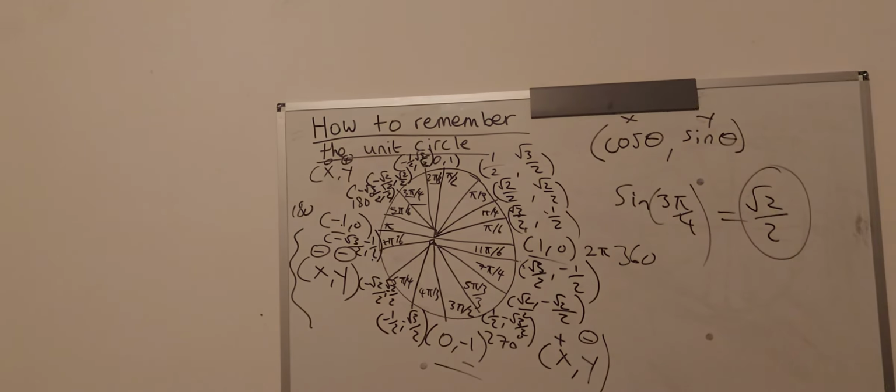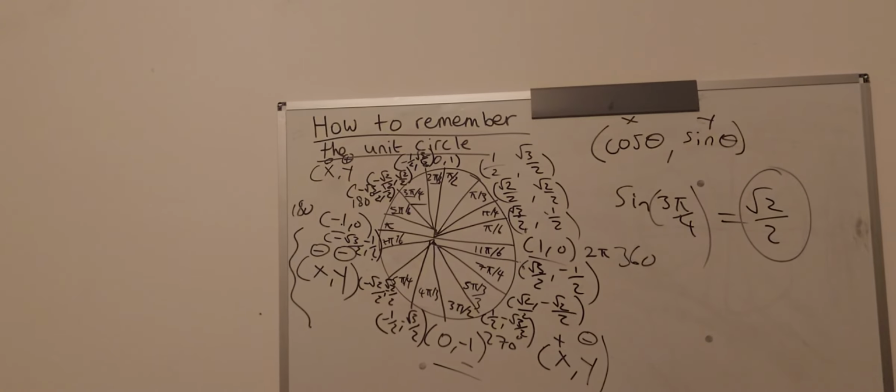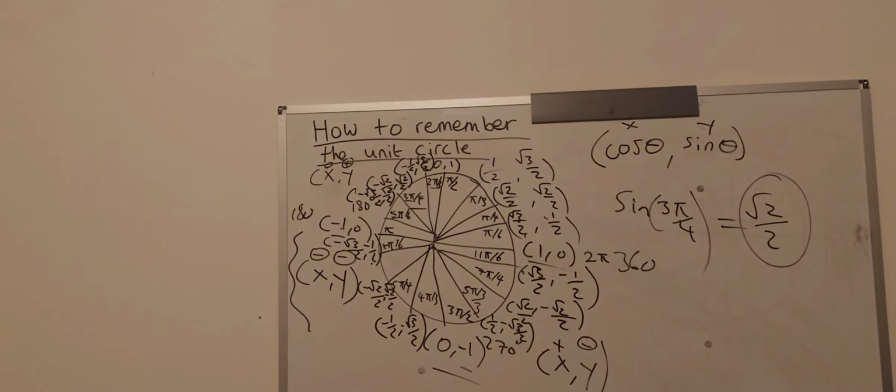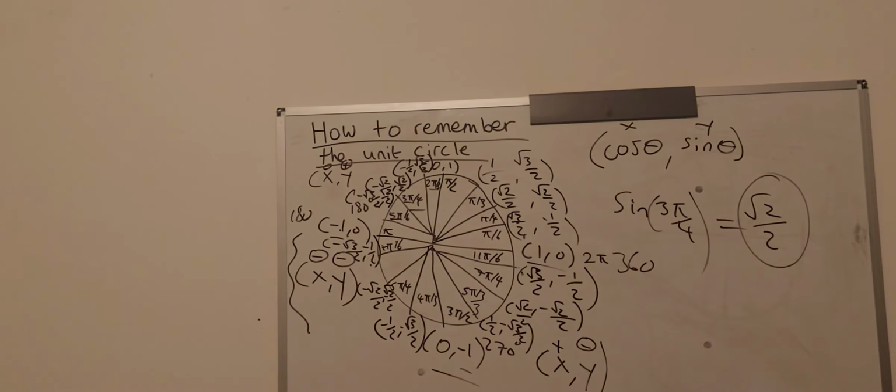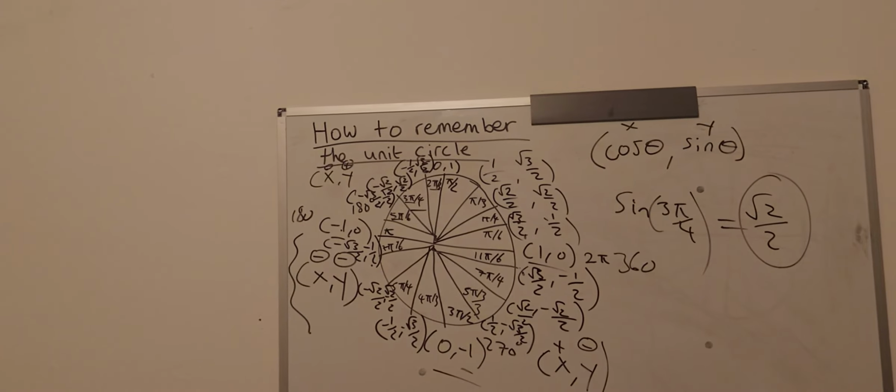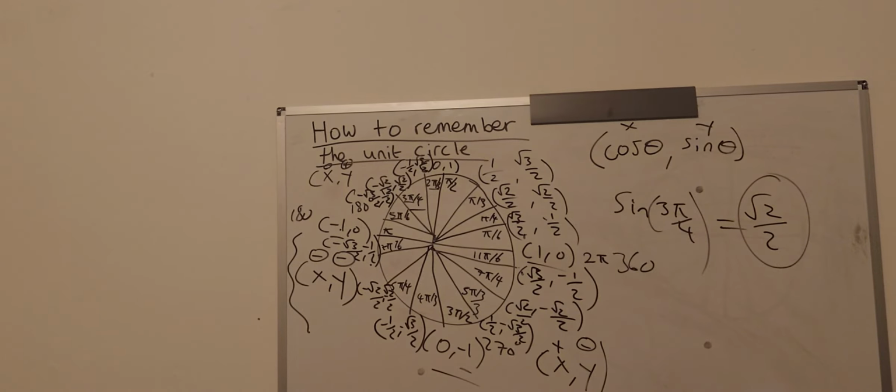Very easy. Now let's fact check that on my laptop real quick, just so I don't make a mistake. What is sine 3 pi over 4? It's going to be 0.7.